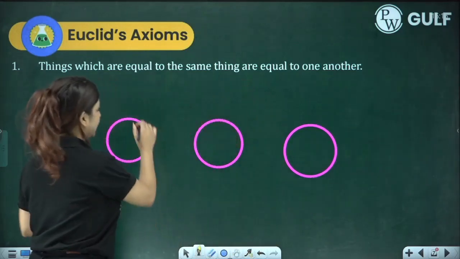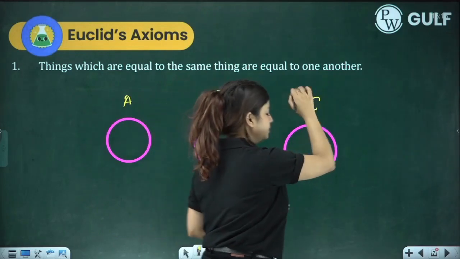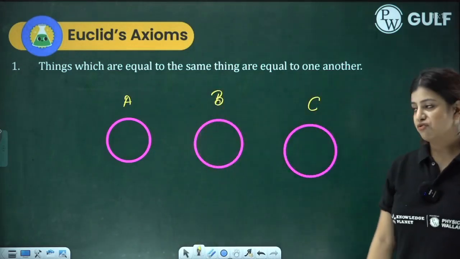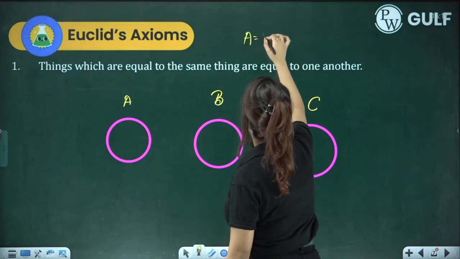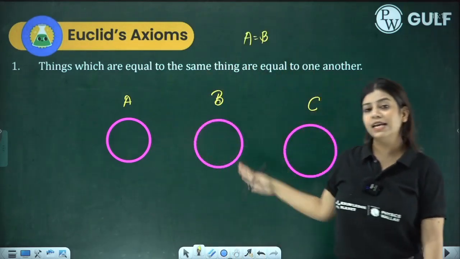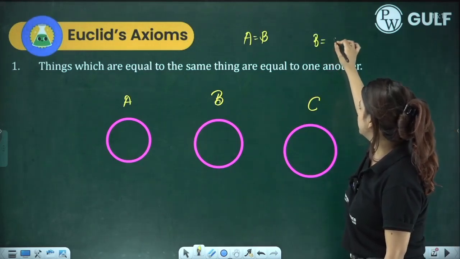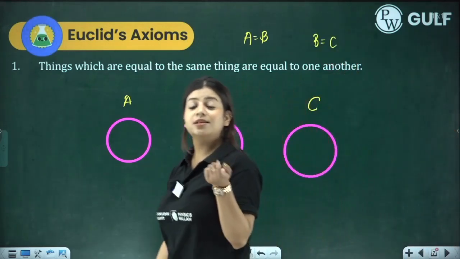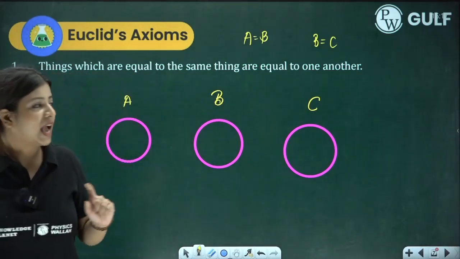So what I am saying is that this is circle A, this is circle B and this is circle C. Right? So if I tell you that A is equal to B, that circle A is equal to circle B, and then I say that B is equal to C, that means circle B is equivalent to circle C.